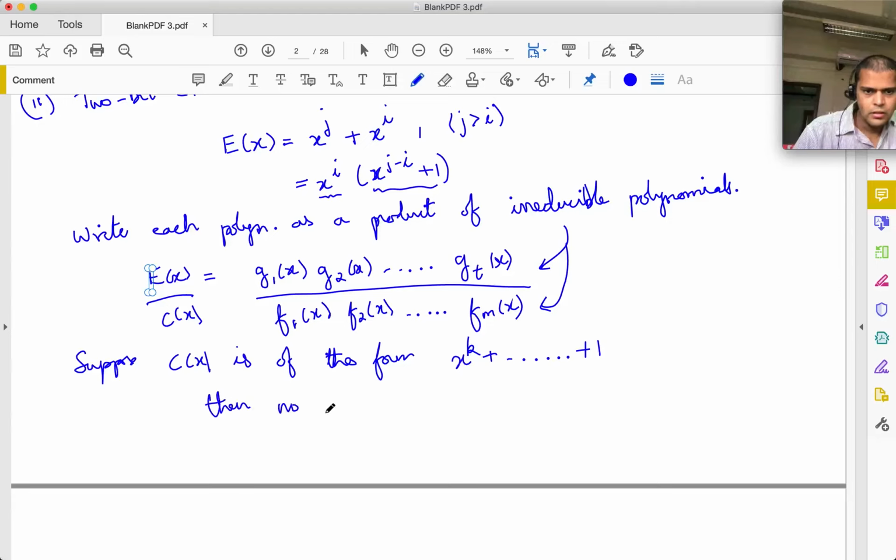Then no f, let's say L of x, is of the form x to the power of, let's say beta, for some beta.